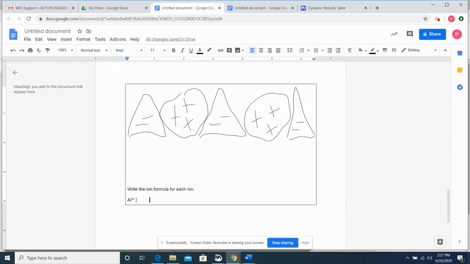Then I'm going to go over here and write the sulfur. There's my sulfur. And then I'm going to write a 2- for the sulfur, and press control period. And there, I've now written my formulas for each ion.